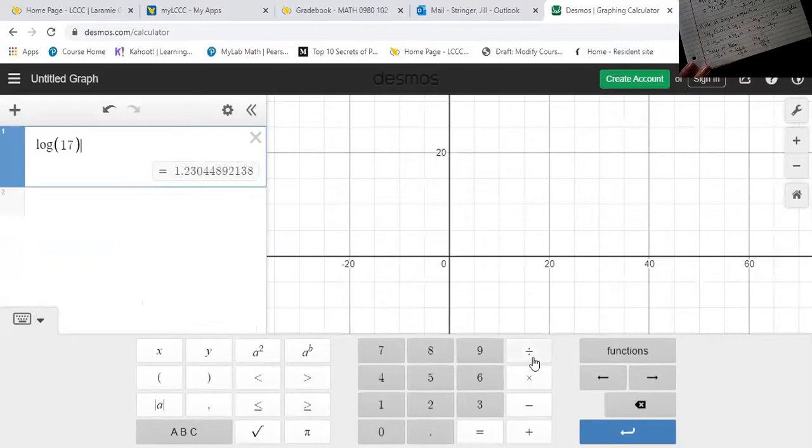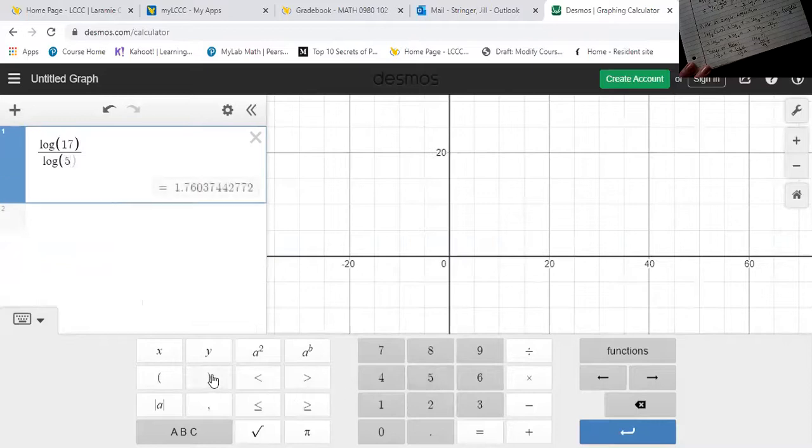I don't know if you saw that, but that was what would have been incorrect. We're going to take log of 17 divided by log of 5. So I'm going to go back to log here of 5, put in your parenthesis. So it's going to be approximately 1.76. So that's how you can use your calculator to solve a log that is not base 10.